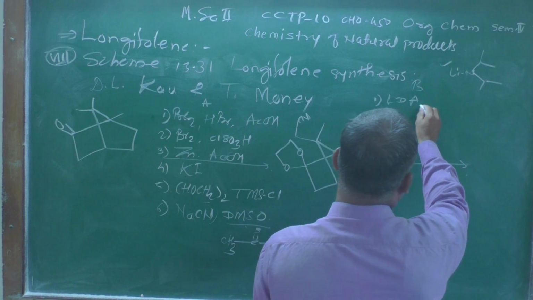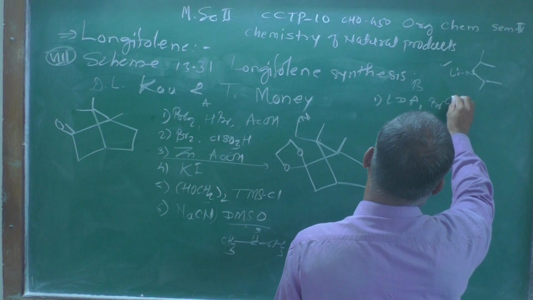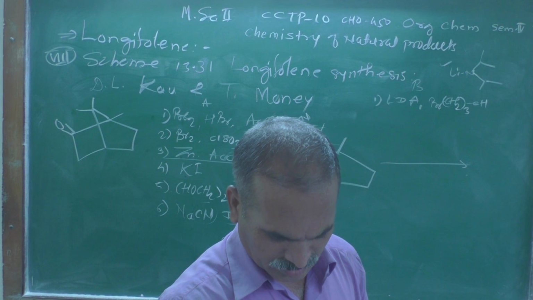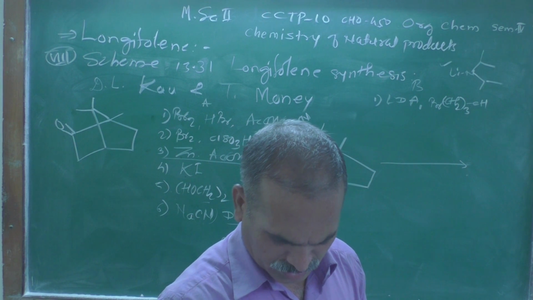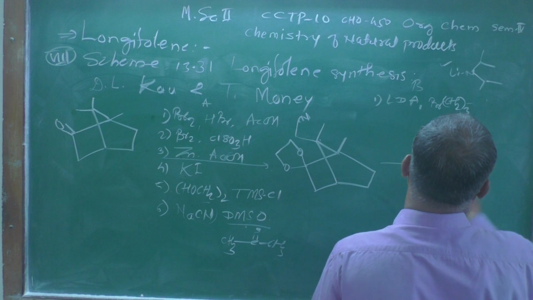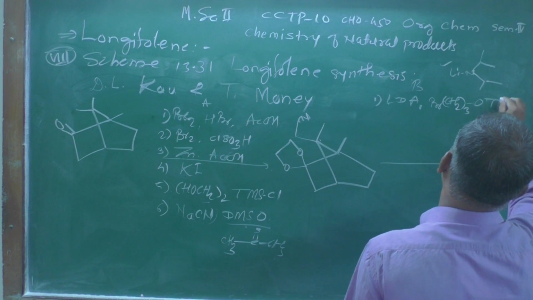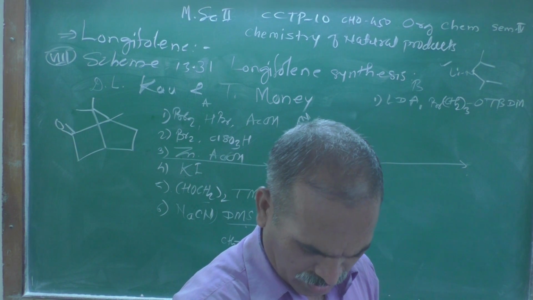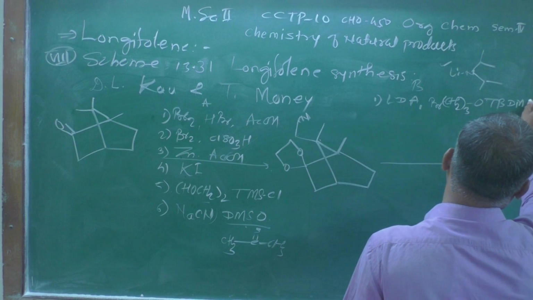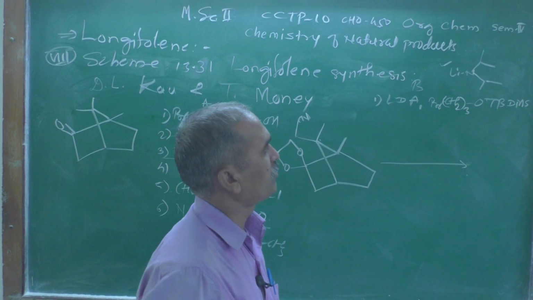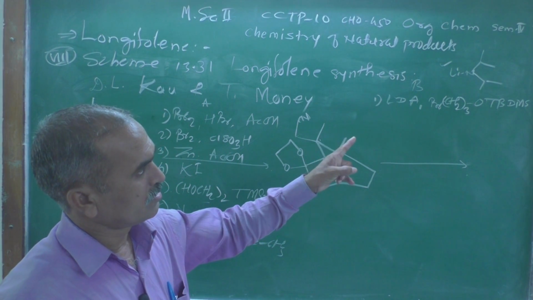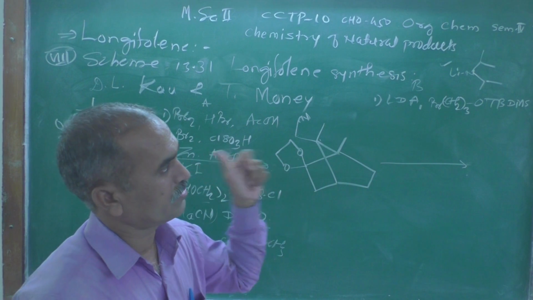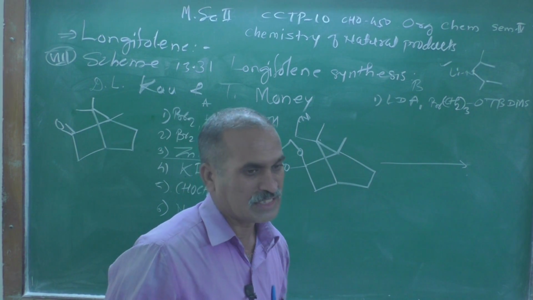LDA, and after that adding Br, then CH2 three times, CH, CH, CH2O three times, and then OTBDMS. TBDMS stands for tertiary butyl dimethyl silyl chloride.